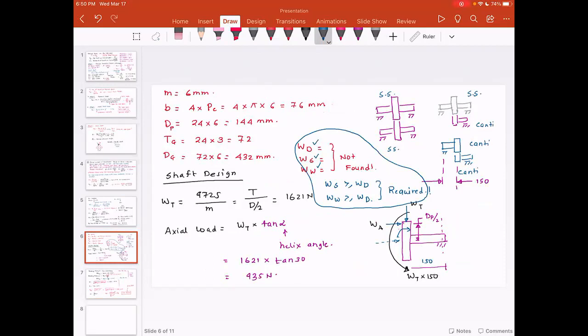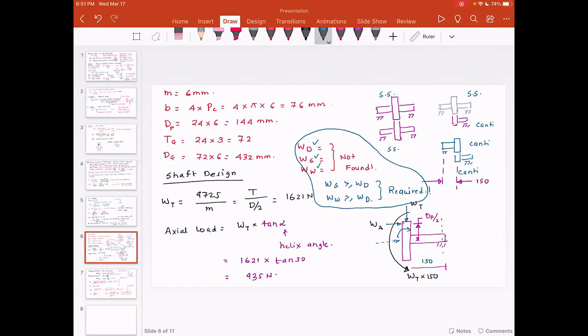But otherwise, in all other cases, you will have to do this exercise. So you have to show that WS is greater than WD and WW is greater than WD.